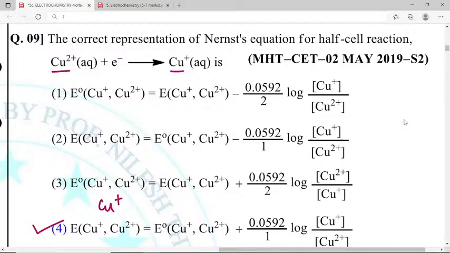Copper 1+ gives copper 2+ plus 1 electron.